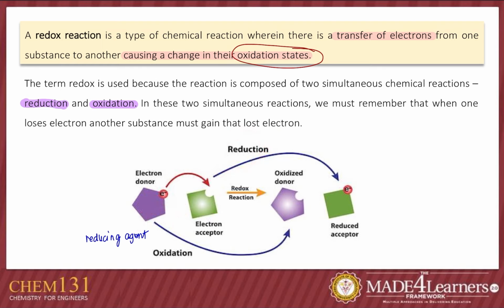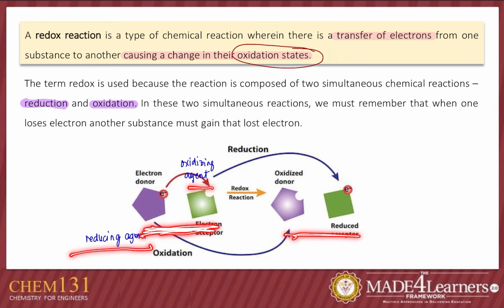And the one that underwent reduction is what received the electron. So that is the oxidizing agent, the one that underwent reduction. Okay? So, for example, in a class, you determine the reducing and the oxidizing agent. So, the reducing and the oxidizing agent will always be found on the reactant side of the reaction.